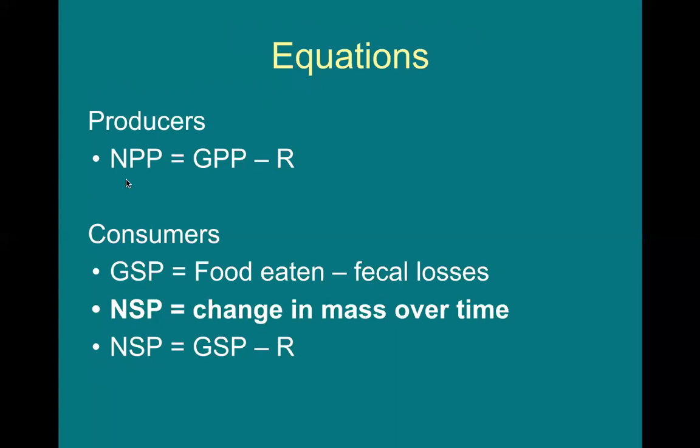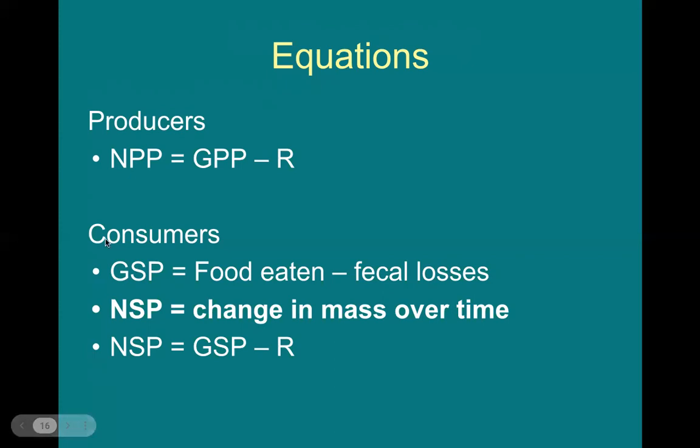In consumers, we do slightly different calculations. On a plant, to calculate gross productivity, it's all the sunlight that's being used in photosynthesis, right? Some of that energy gets used in respiration by the plant. So that's how we calculate NPP. Consumers aren't using sunlight, right? They're consuming food.